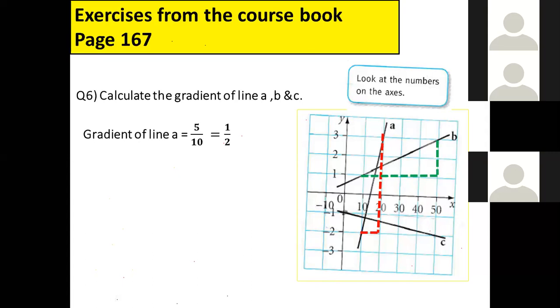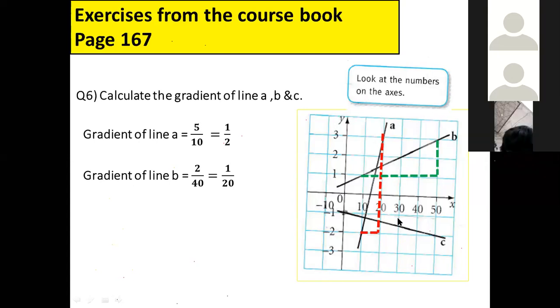Oh, I mean 40. So 2 divided by 40, and when we simplify it, it's 0.05. It's 1 over 20. And yes, if you change it to a decimal, that would be 0.05. Okay, Jude, thank you very much.